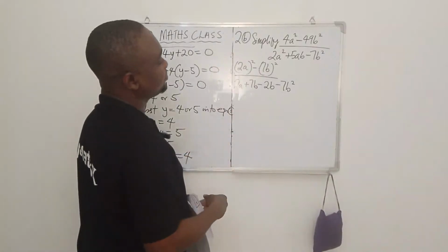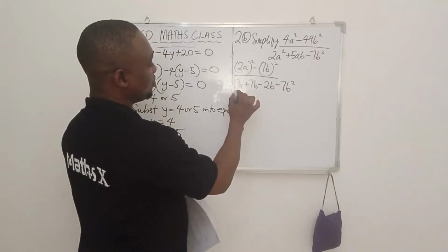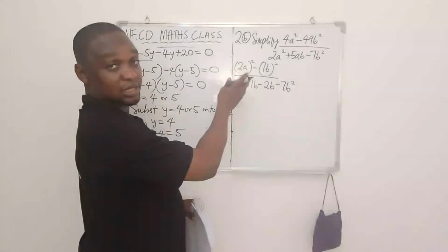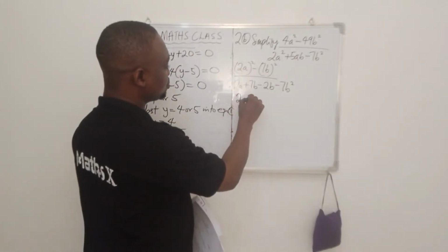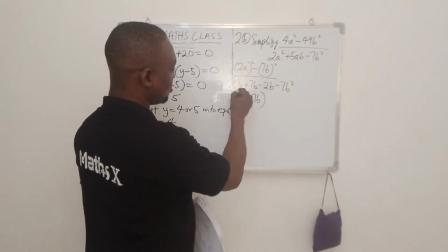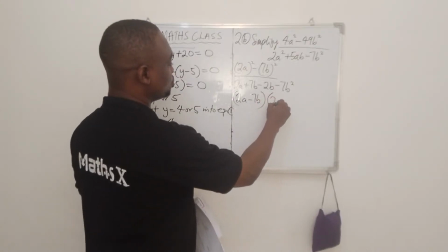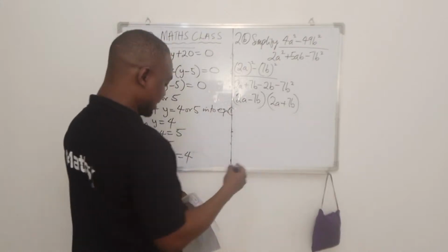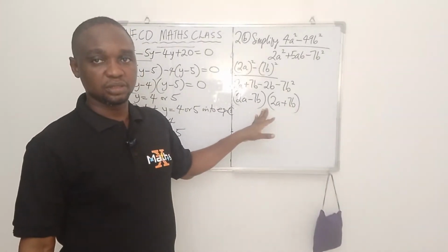From here, let's go back to the numerator first. Like I told you, it's a difference of two squares, and it's gotten by the expansion of this. This will be 2a minus 7b, all bracket opens and close, then 2a plus 7b, bracket opens and close. This is how you treat a difference of two squares.